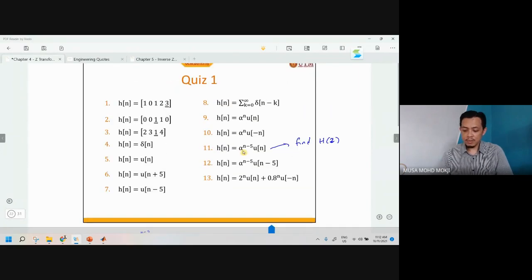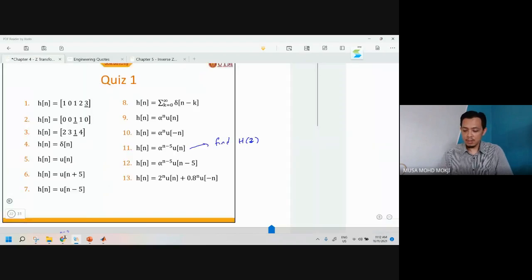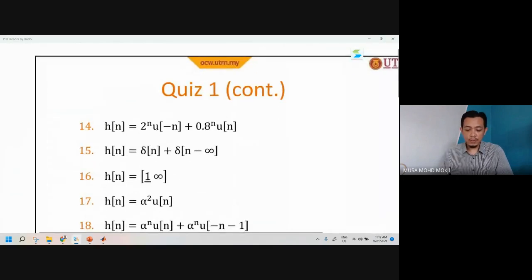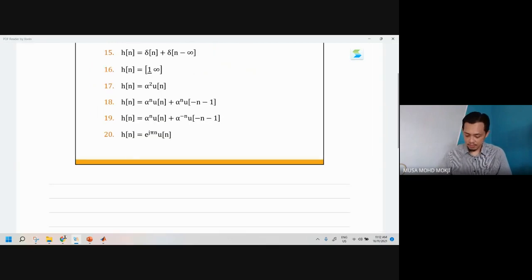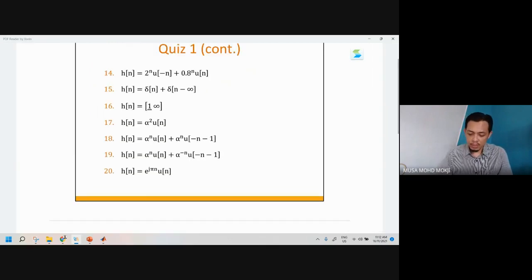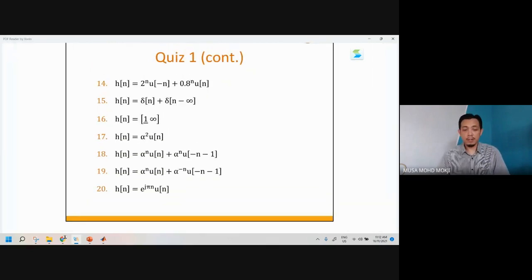We have done this one last week, so today we're going to do number 14. Let's see what the question is. We have h[n], which equals 2 to the power of n u[-n], so this is actually a folded version of the unit step.